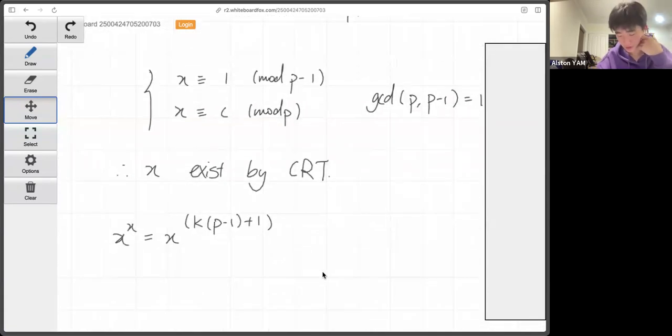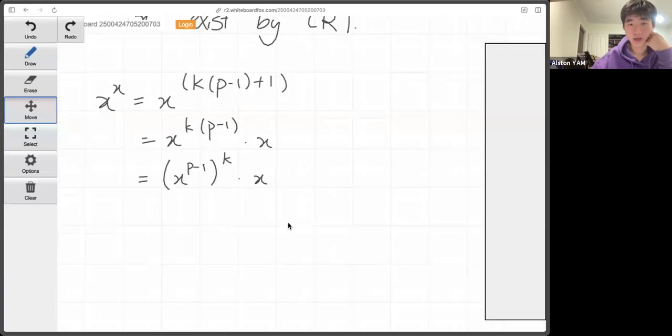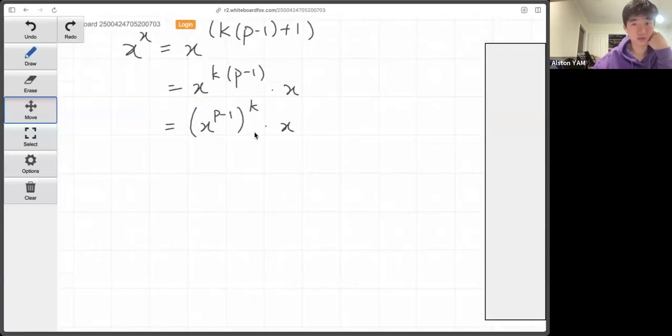And I'll do the transformation here, which is just x to the k times p minus 1 times x, which is equal to x to the p minus 1 all to the power of k times x, where k is just some integer.